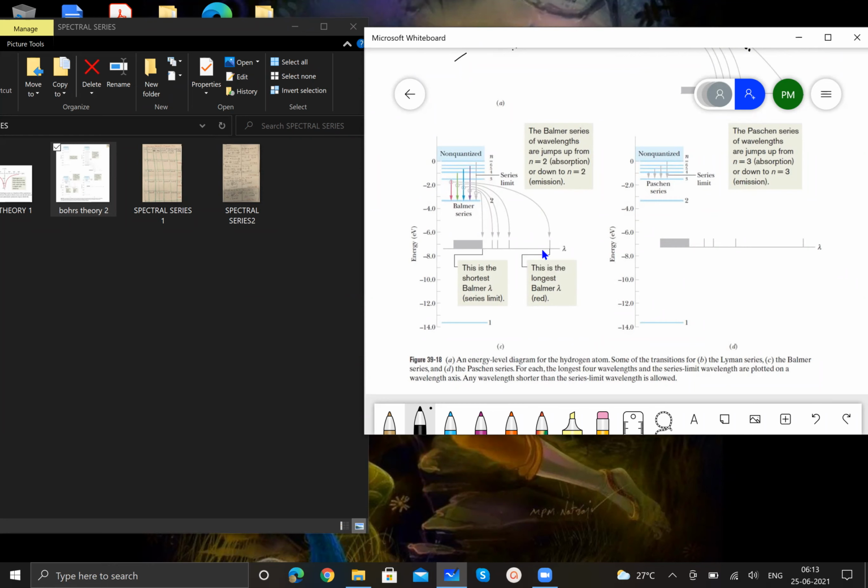I have shown you the colors also: 4 different spectral lines, H alpha, H beta, H gamma, H delta. Exactly the colors in which the spectral lines appear are shown in this graph. That's why I have shown you this picture once again, to give clarity on the colors of the spectral lines formed in the visible region of the spectrum. The Balmer series, I told you, will be in the visible region.